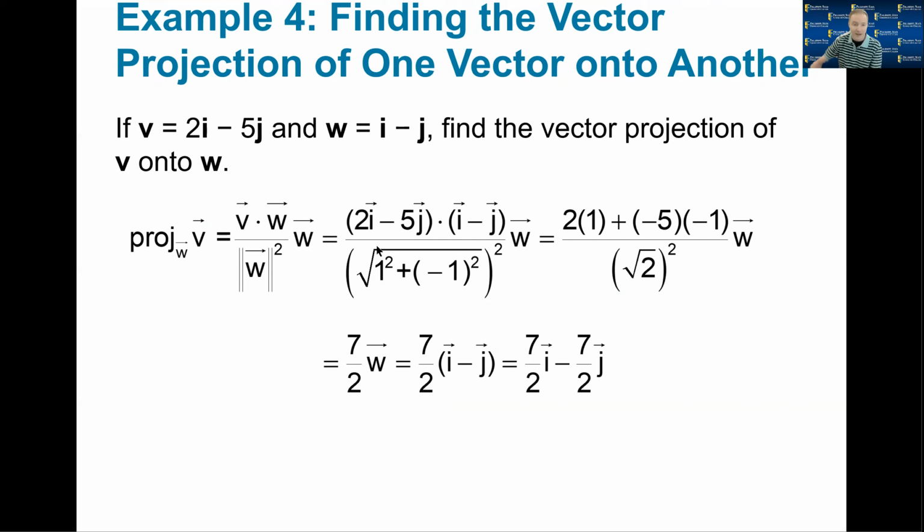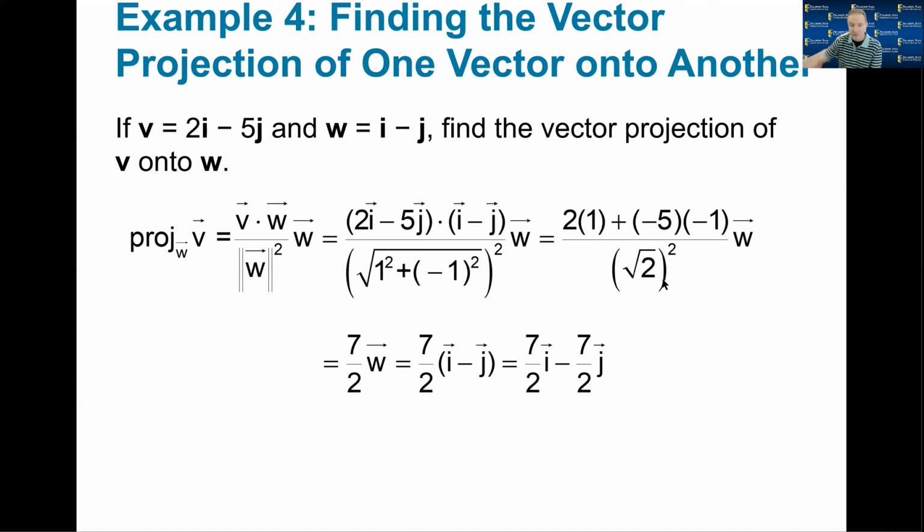All of that's divided by the magnitude of W squared. The magnitude is the square root of the horizontal component squared plus the vertical component squared. So that's 1 squared plus negative 1 squared, which gives me 1 plus 1. That's the square root of 2.